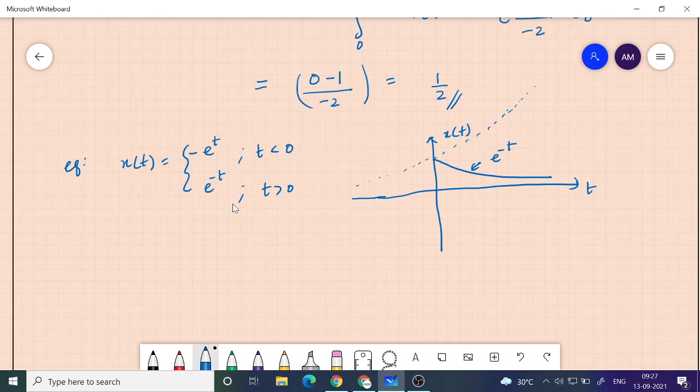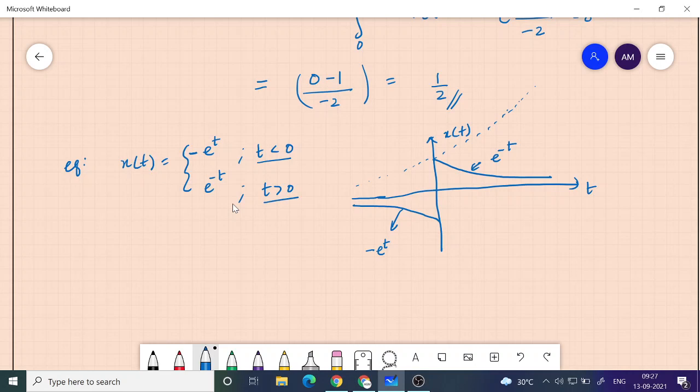Now there is a minus sign here, so because of that it will be inverted like this. So this is basically minus e raised to t, and this is only valid for negative values of time. So you have negative values of time and positive values of time.